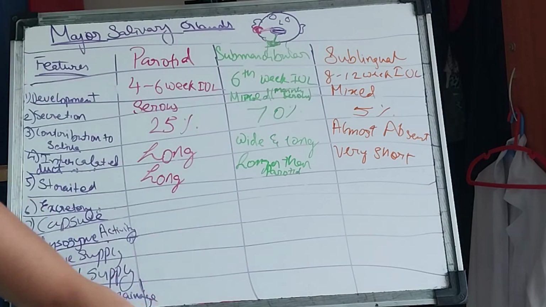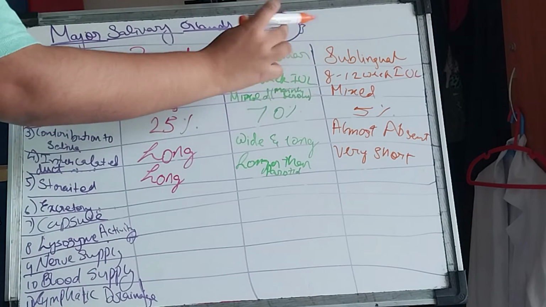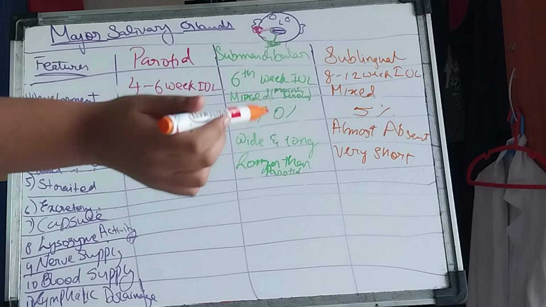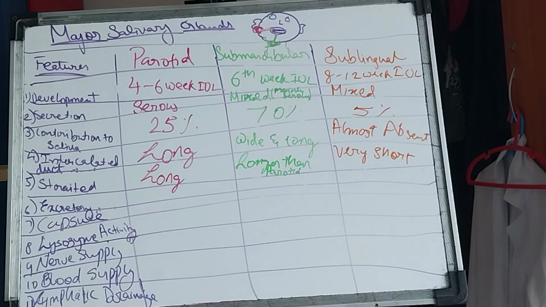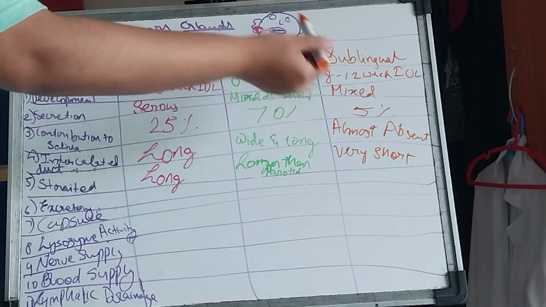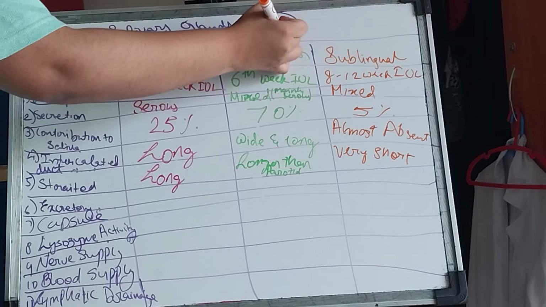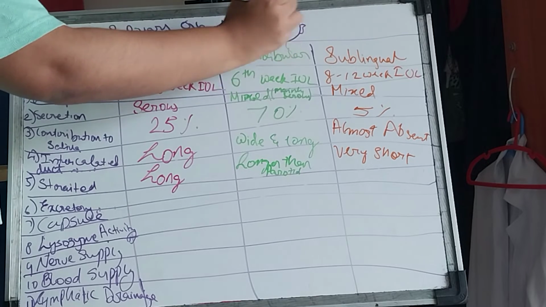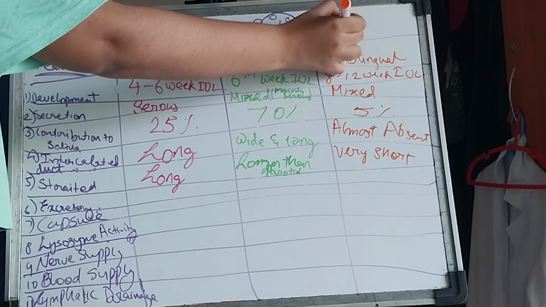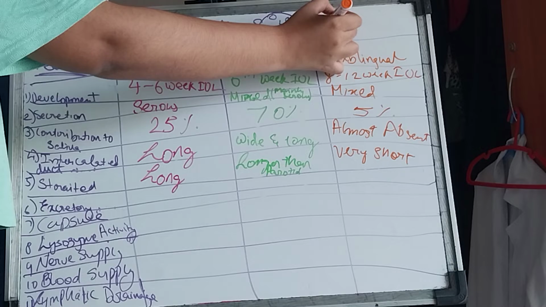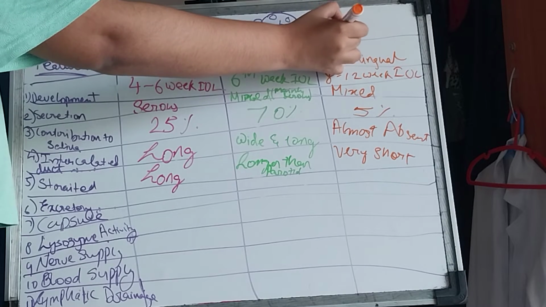But if we see the sublingual, the lingual, that is the tongue, the sublingual gland is situated just below the floor of the mouth. So it is opening directly inside there. This is the oral cavity, this is the tongue, then the gland is somewhere here.